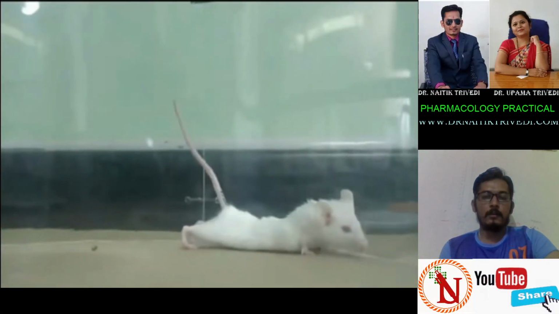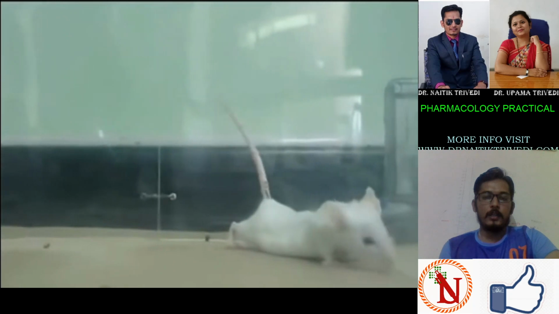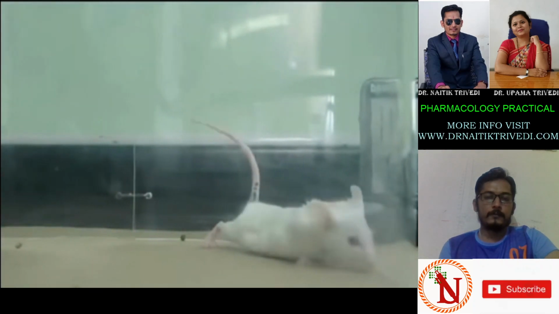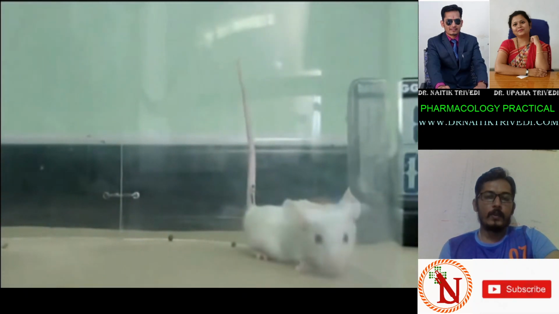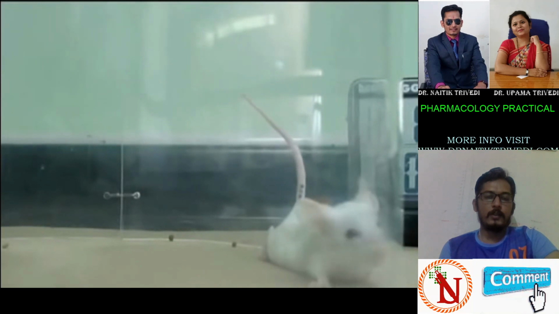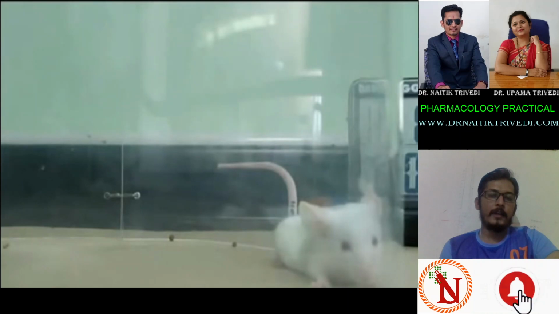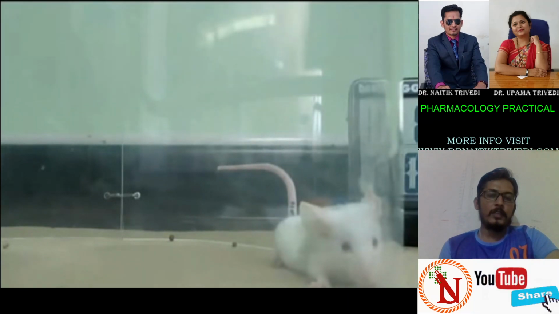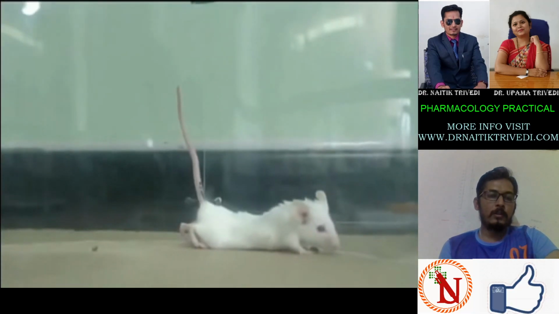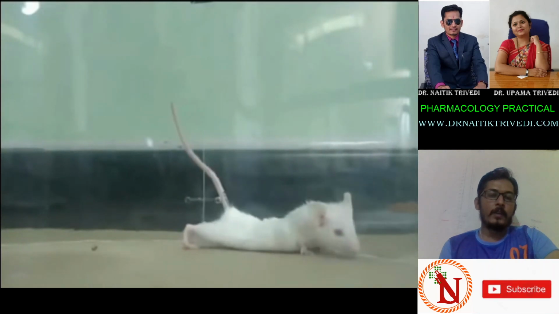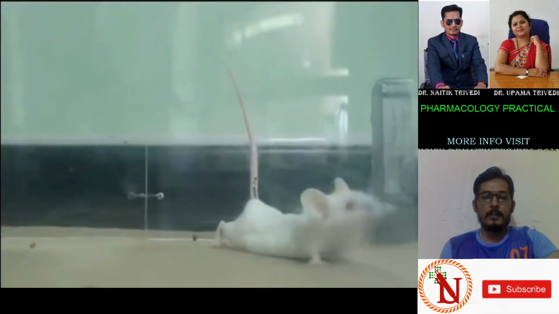Touching the abdomen and stomach to the floor. Here it shows the writhing, so count that writhing so you can get the idea. The control animal shows more writhing than the treated test group animal.